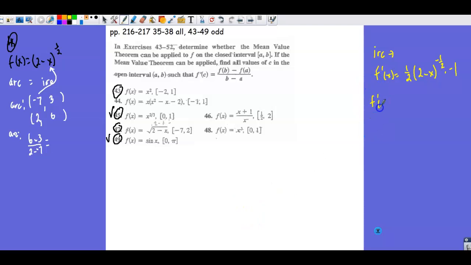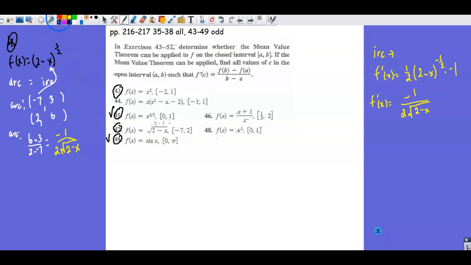So f prime of x, before I bring it over, I'm going to move things around. So the -1 in the numerator, 2 in the denominator, and notice I'm taking the negative power to the denominator and changing it back to a square root because I got to do algebra work. So I'm going to bring that over here, -1 over 2 times the square root of 2 minus x.